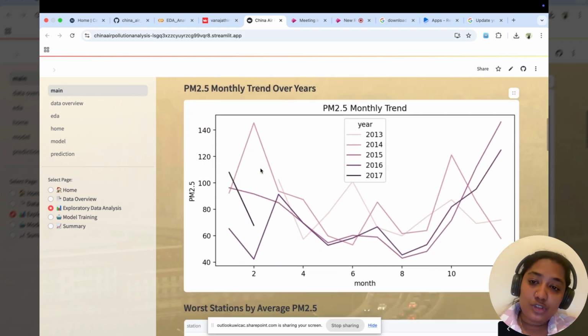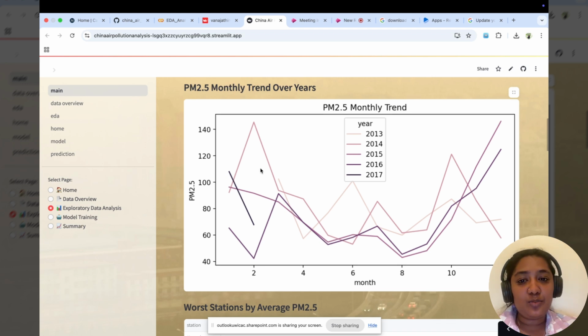Moving on to the next graph, it's PM 2.5 monthly trends over years. This is the graph according to the year, and PM 2.5 according to the month. We can check how the concentration of PM 2.5 is going.